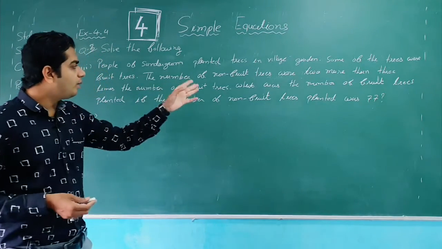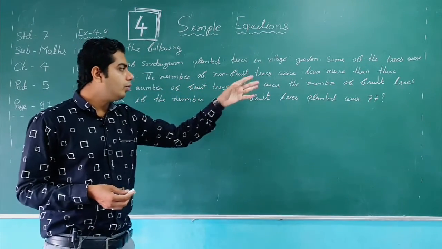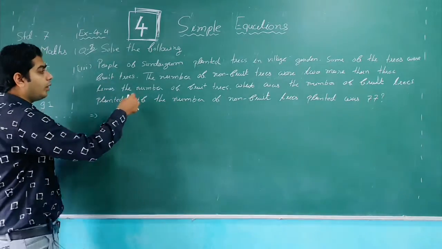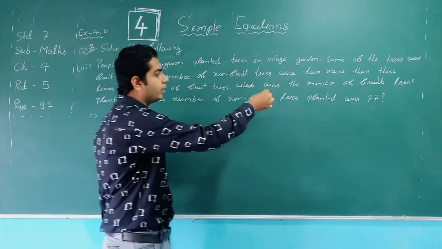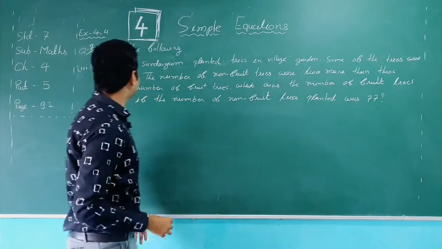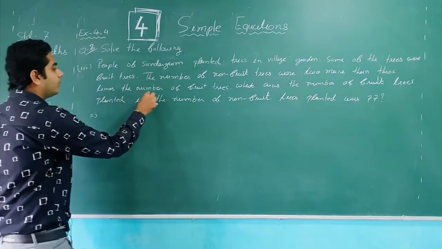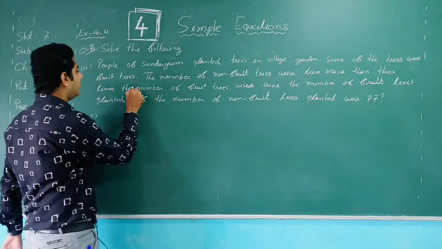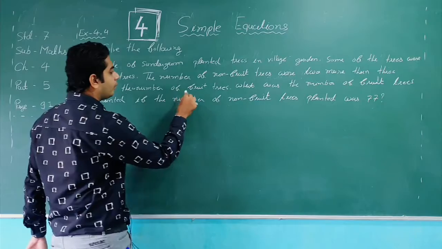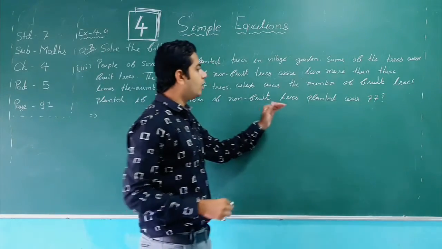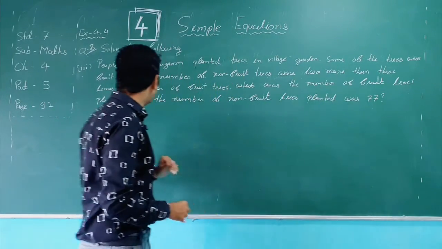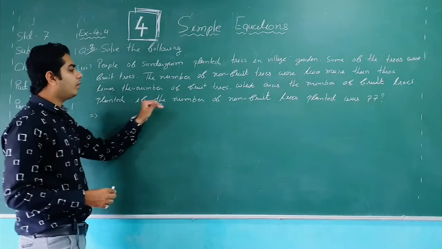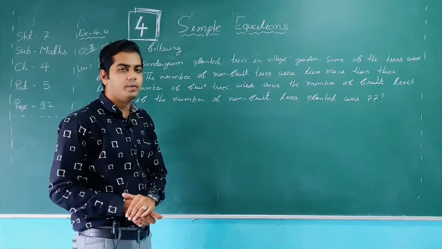The number of non-fruit trees was 2 more than 3 times the number of fruit trees. What was the number of fruit trees planted if the number of non-fruit trees planted was 77?